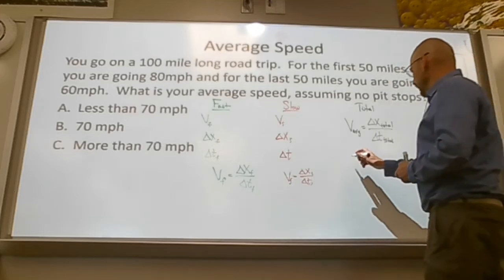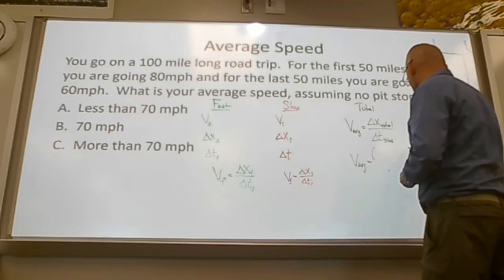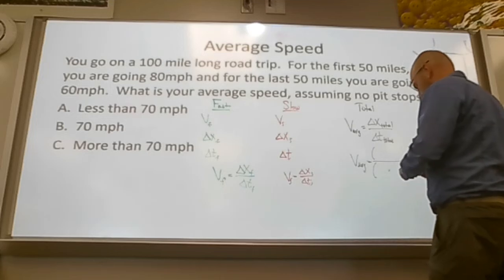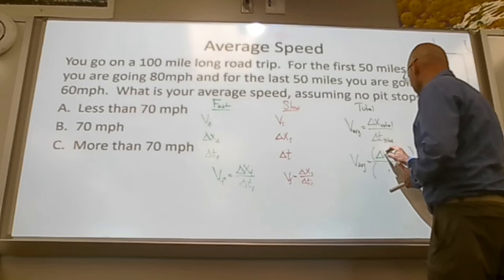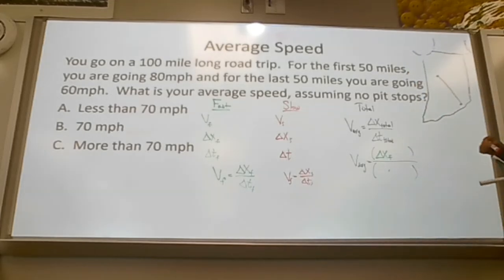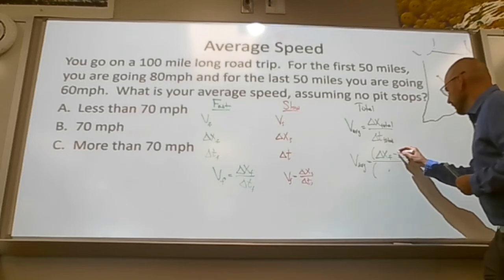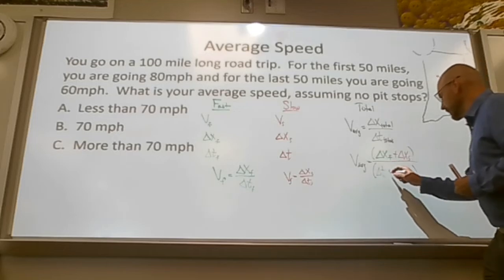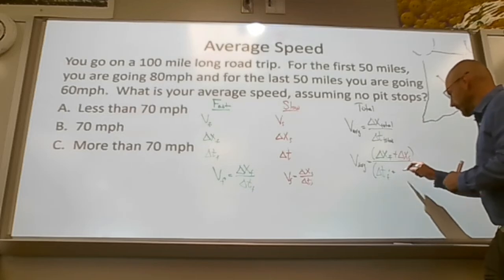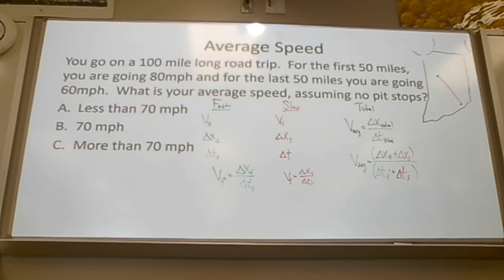Meaning that we've got your displacement of your fast plus your displacement of your slow, over the time of your fast plus the time of your slow. You all right with that?